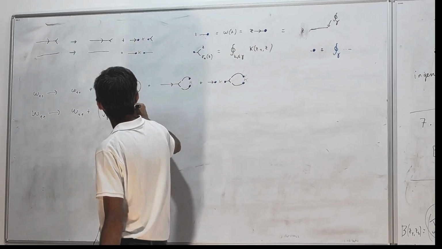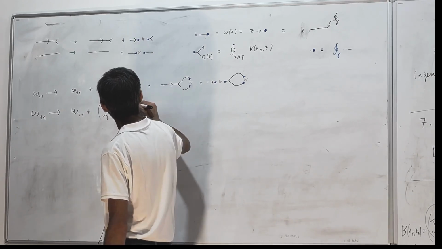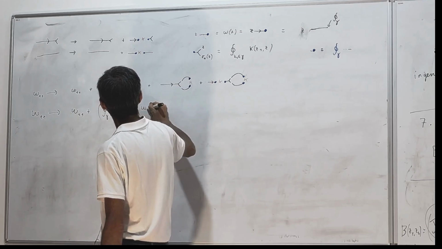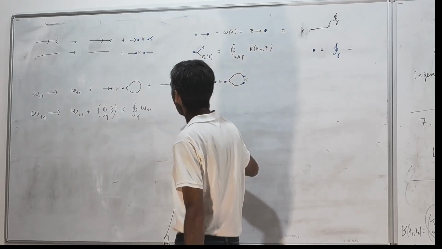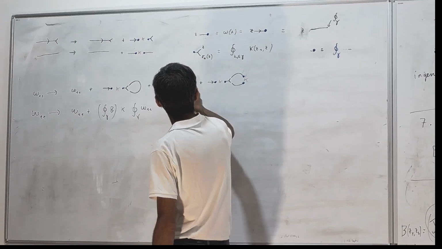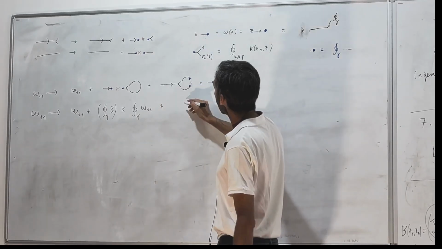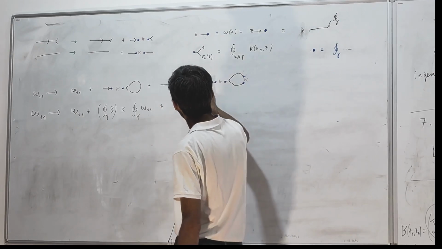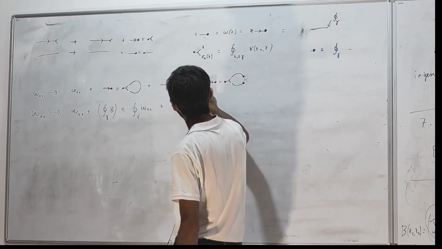Times kappa times integral over gamma of omega 1, 1, because we recognize omega 1, 1. Plus, here we recognize an omega 0, 3. And the two ends are integrated over gamma.